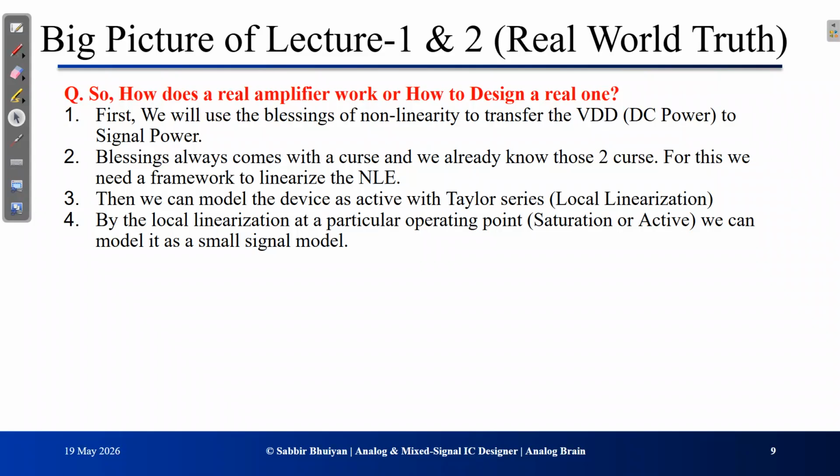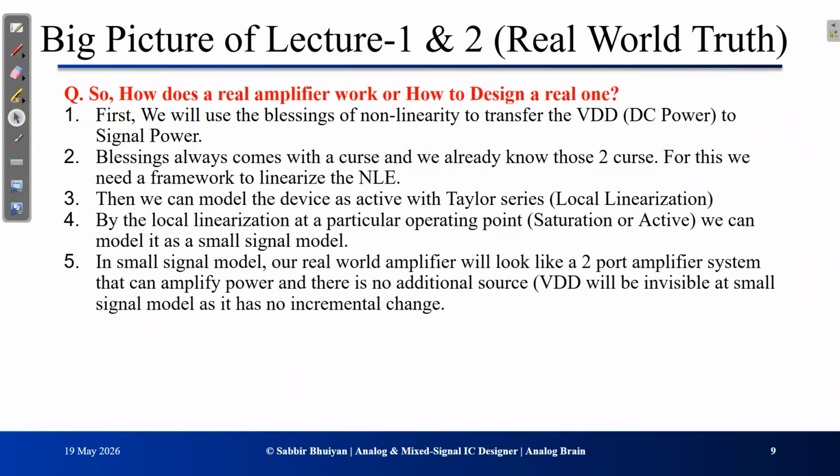And I want to say another thing: a small signal model is valid for all regions, it is not valid only for the active region. Okay, but we want to get the small signal model for the active region, for its high gm property, and the other things we'll see in the next lecture.